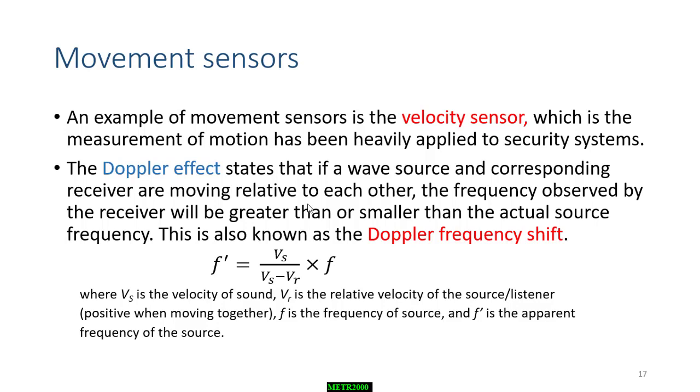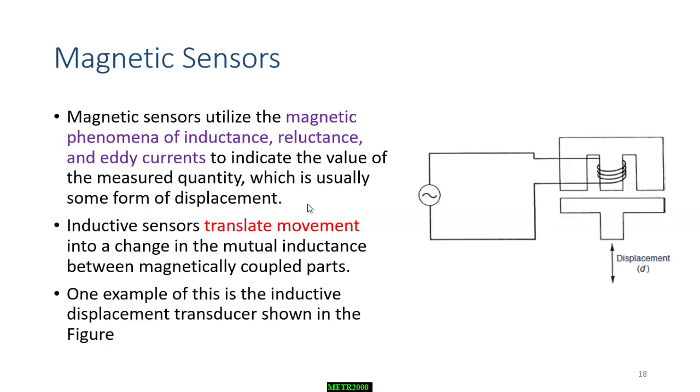This is not because the horn sound is changing, but because the speed of the car relative to you is changing as it moves towards you. These are mostly used in the radar which the police use to catch speeding cars. They use the Doppler effect.